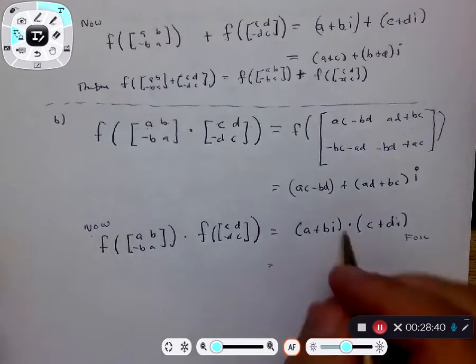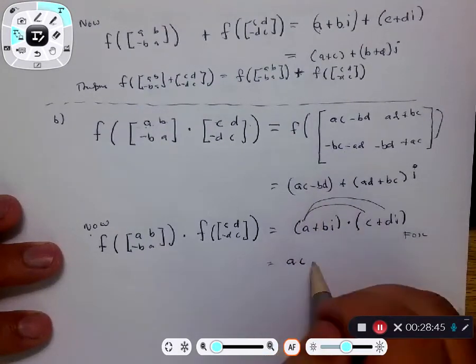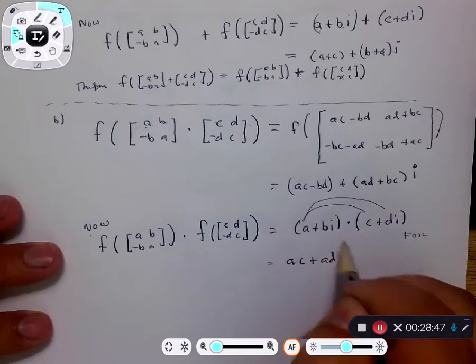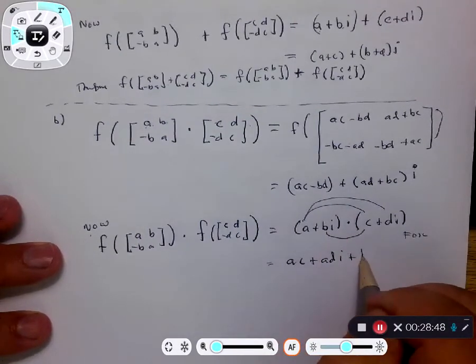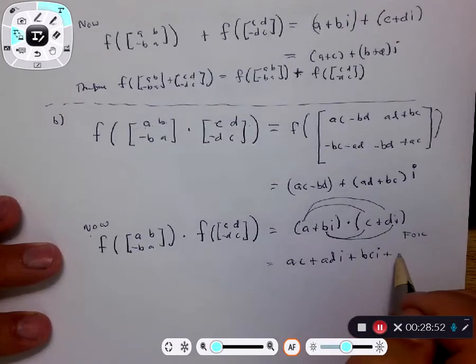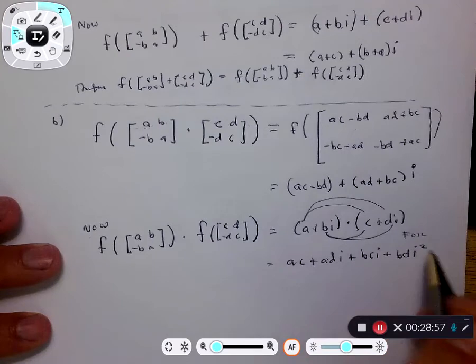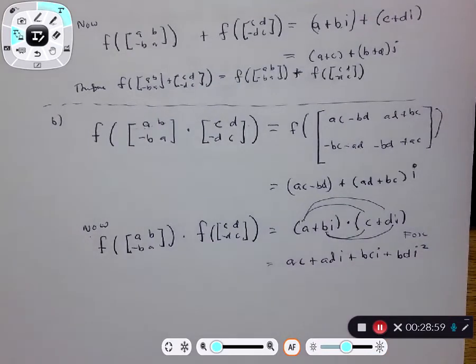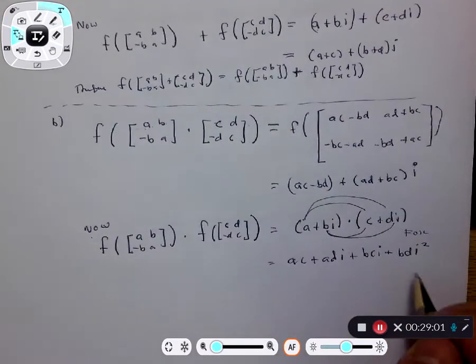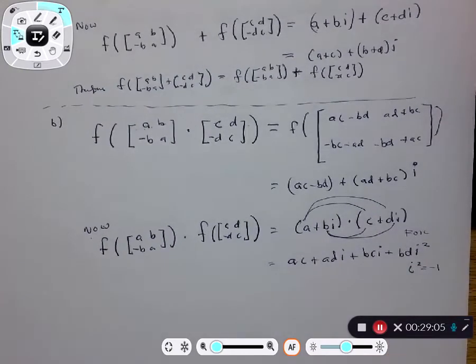We end up getting A times C plus A times Di plus B times Ci plus BD times i times i, which is i squared. And remember, i squared by definition is equal to negative 1 in the world of complex numbers.